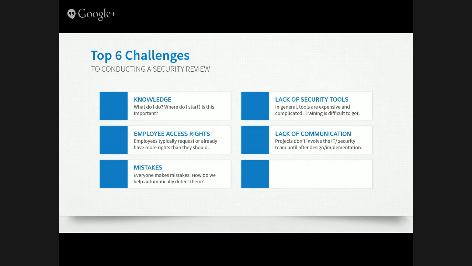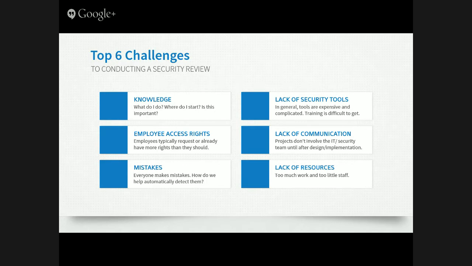So there's a very severe lack of communication between certain departments inside of companies, and they don't typically involve the IT or the security team until after they've already made the decisions about moving forward with different software solutions that they're purchasing. And then the last one is lack of resources. In any IT environment, there's always too much work and there's not enough people to do it.